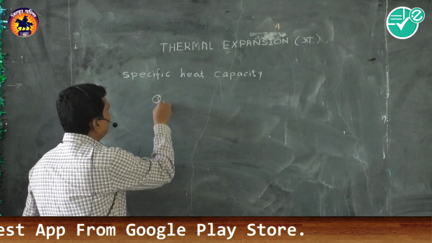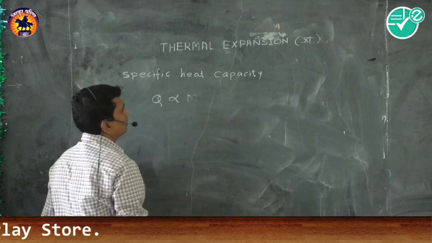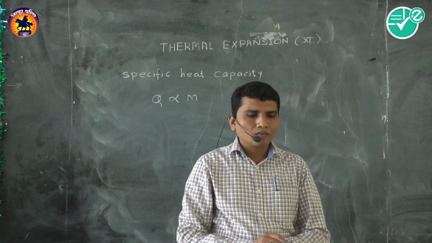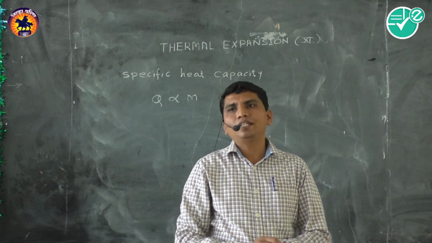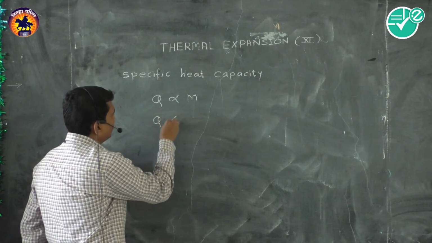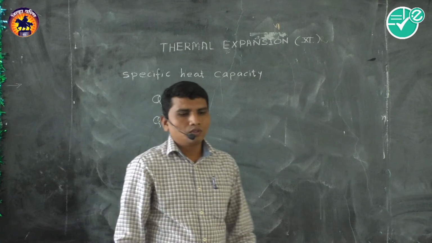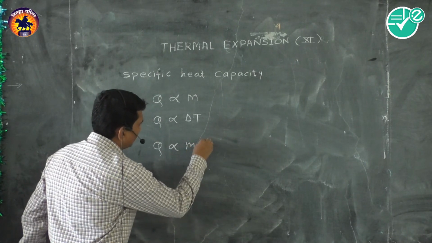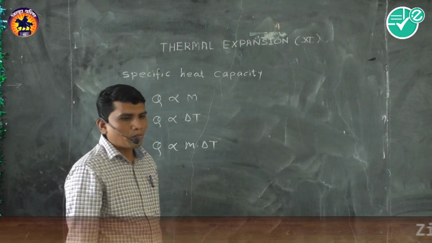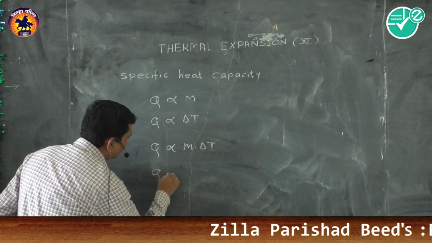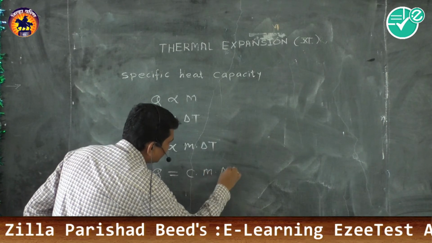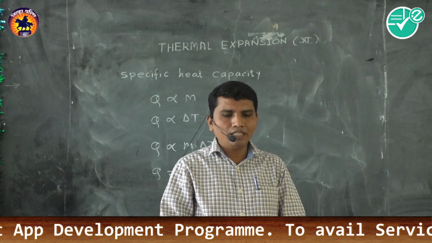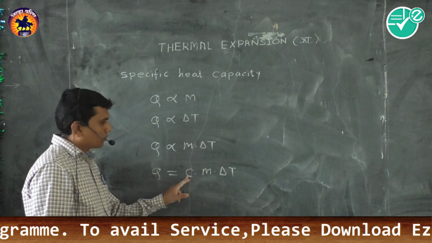So Q is directly proportional to M. This Q is also directly proportional to the change in temperature, delta T. From these two relations, Q is proportional to M into delta T, or if we remove the proportionality sign, Q equal to C into M into delta T. This C is called the specific heat or specific heat capacity of a substance. So we will stop here.